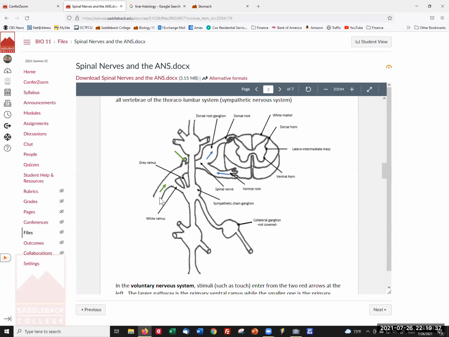We see something, and that's incoming information. Goes to our brain. Do we necessarily do anything about it? Care about it? Think about it? No. Okay. So it would be great if this was just in and out along the voluntary nervous system, but it's not.